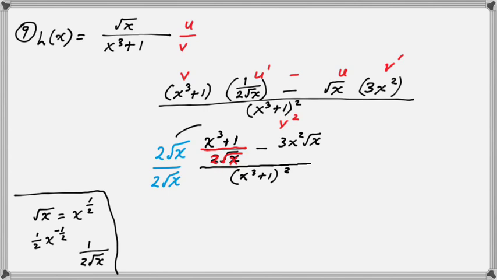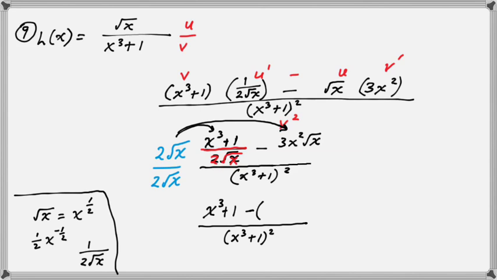When I multiply here, will the 2 radical x's cancel, leaving me x to the third plus 1? Always use parentheses when you subtract. Now, when I multiply over here, you have 2x squared. Actually, you don't.